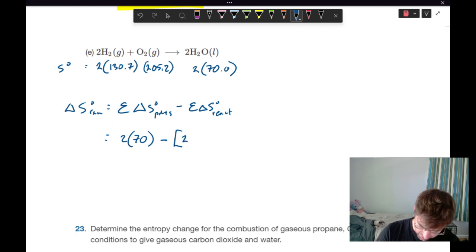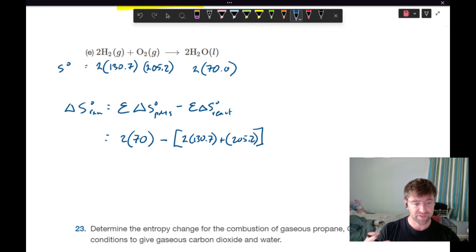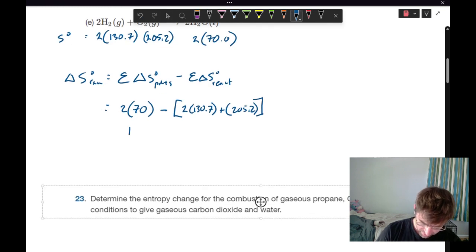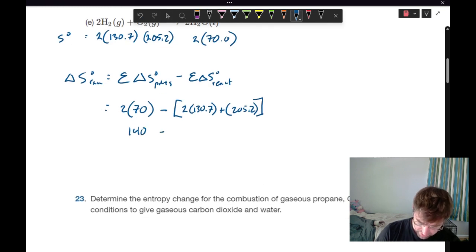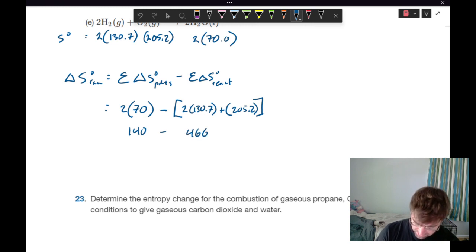We have 2 times 130.7 plus 205.2. If you're not already in the habit, get in the habit of using these brackets. You can keep track of your order of operations here. Simplified, 2 times 70 is 140 minus 466.6.